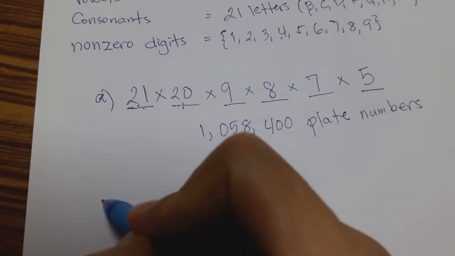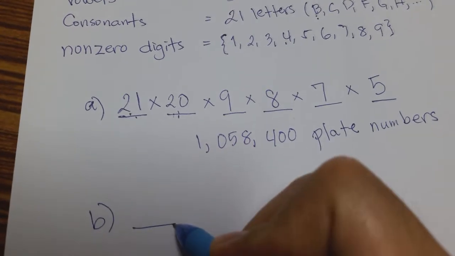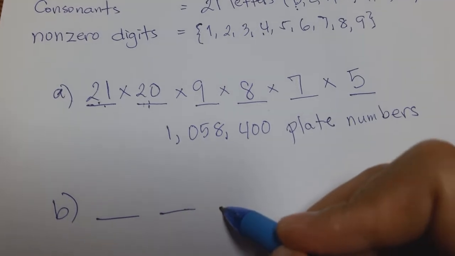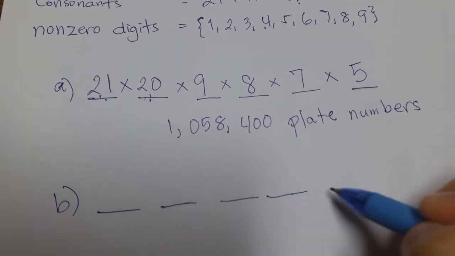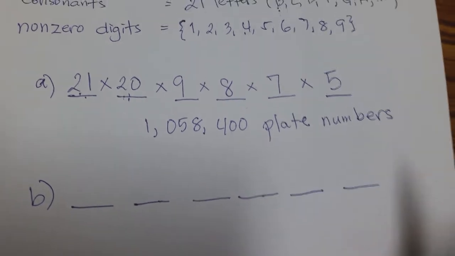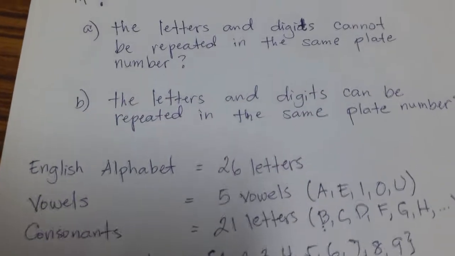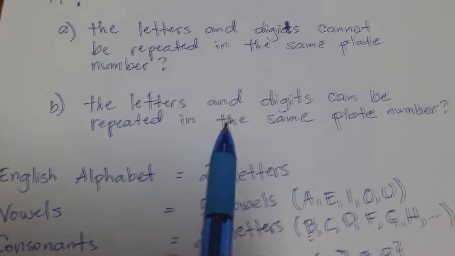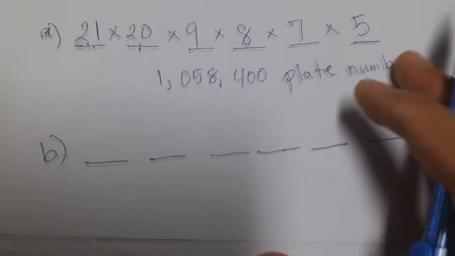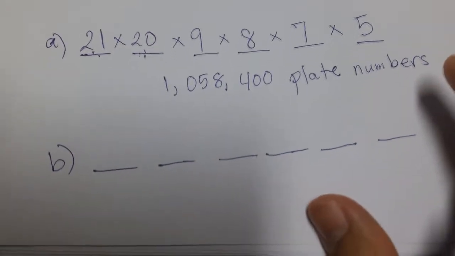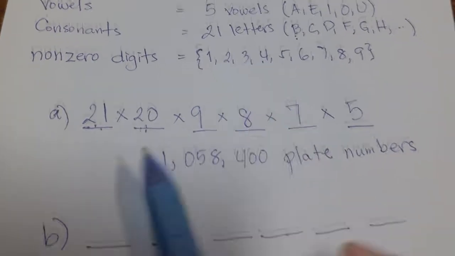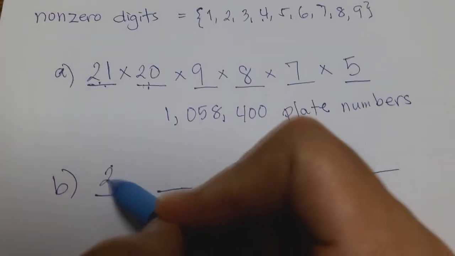For letter B, again, 2 lines for the consonants, 3 lines for non-zero digits, and then for the vowel. For letter B, the condition is the letters and digits can be repeated in the same plate number. So again, at first I have 21 letters to choose.